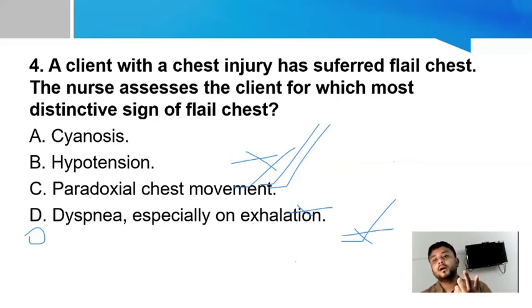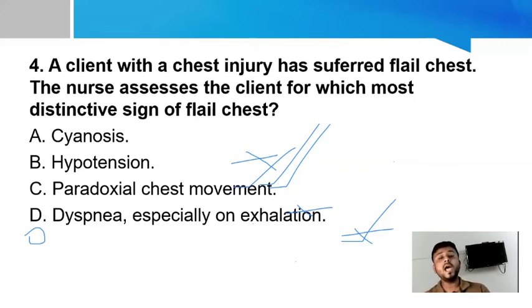Remember one thing: rib fracture and flail chest may seem the same, but there is one difference. Rib fracture means one rib or two ribs can get fractured. But in case of flail chest, it should be three rib fractures or more. So there they clearly mentioned that more than three ribs are fractured due to the chest injury.